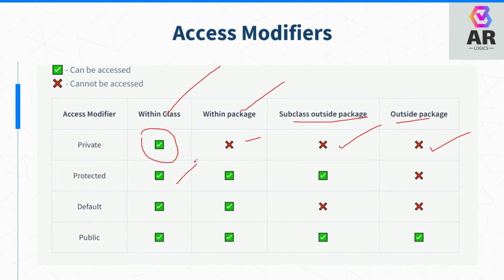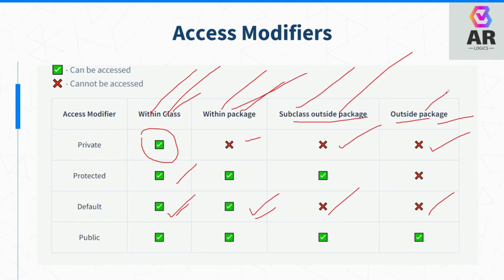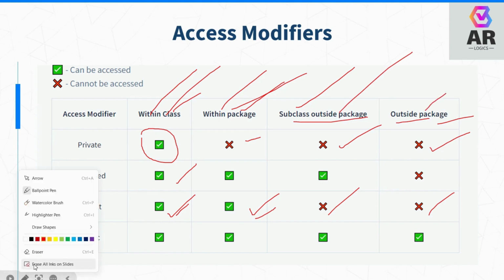Protected: within the class accessible, within the package accessible, subclass outside package accessible, outside the package not accessible. Default: within the class and within the package accessible, subclass outside package not accessible, outside package not accessible. Public: accessible everywhere, all access will be available.